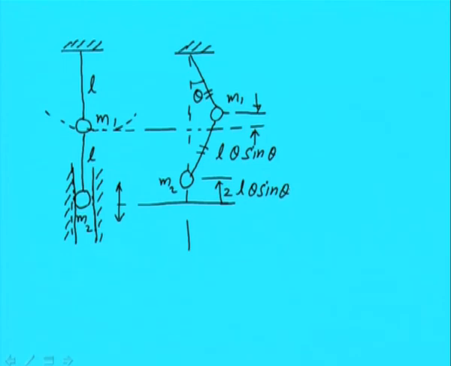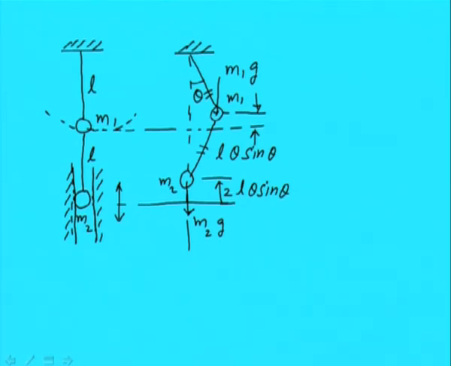So now we will be applying the various forces which are acting on these masses. We know that here m2g is acting, and here we have m1g in the downward direction.